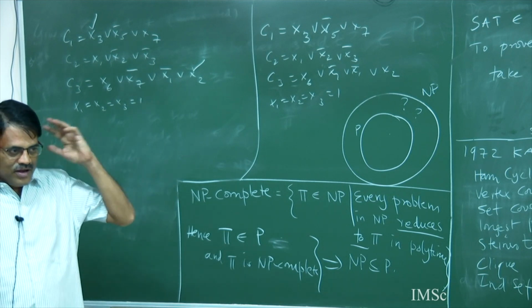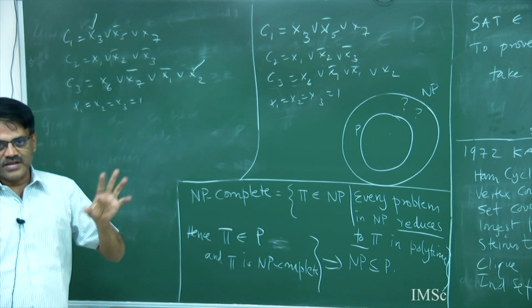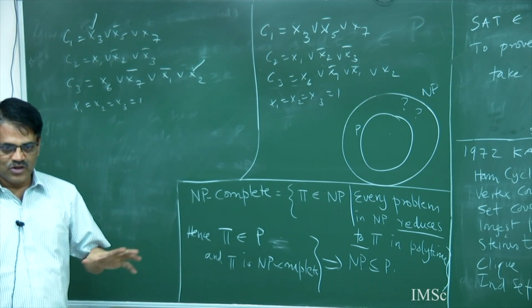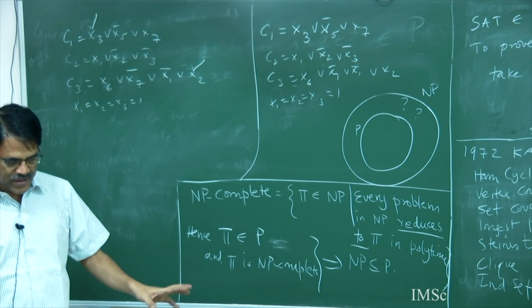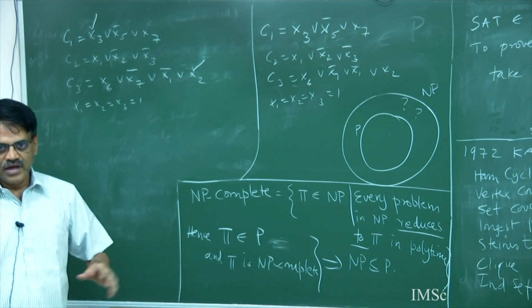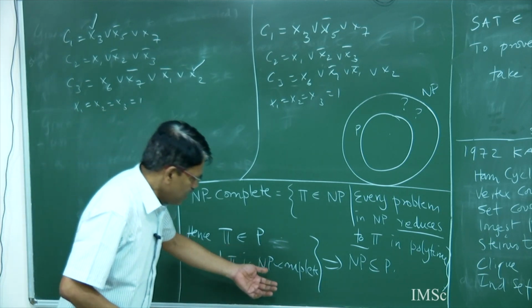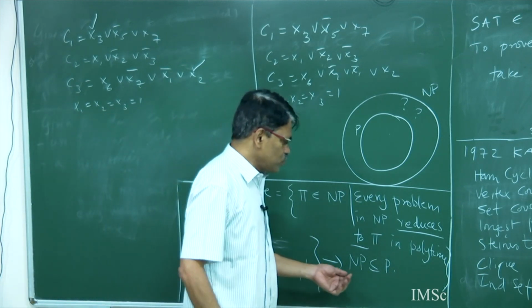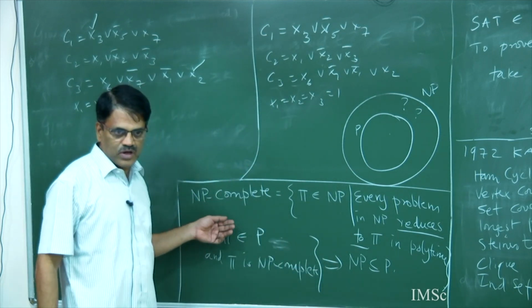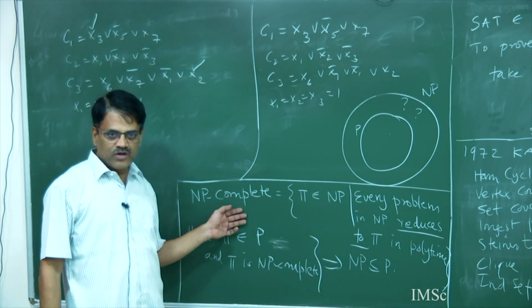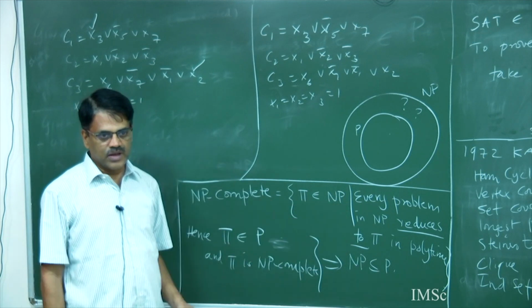So, somehow intuitively we believe that verification and finding solutions are different. So, P and NP being different is a popular conjecture, and hence it is believed that NP complete problems do not have a polytime algorithm. So, one algorithm for one of them would imply P equal to NP.